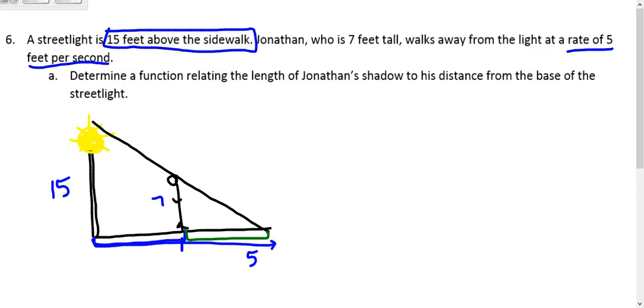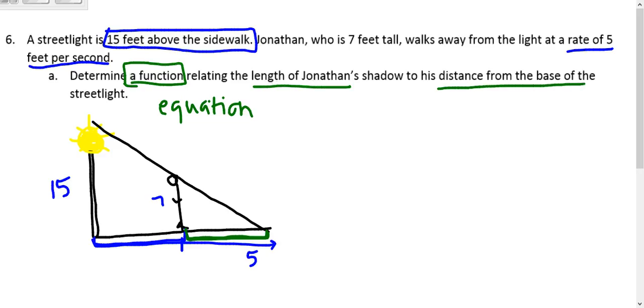Because part A says determine a function, so we're figuring out an equation relating the length of Jonathan's shadow, so here's the green, that's his shadow, to the distance from the base of the street light. So let's call this x and this y.